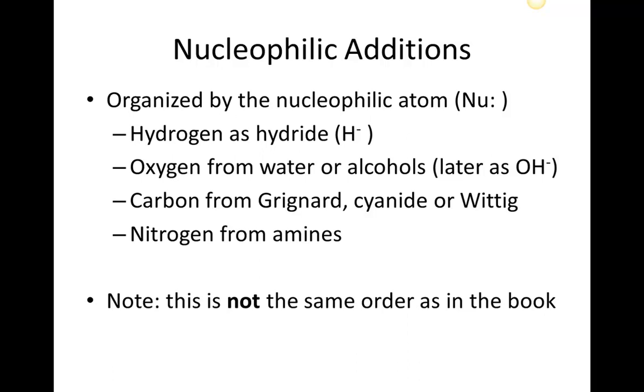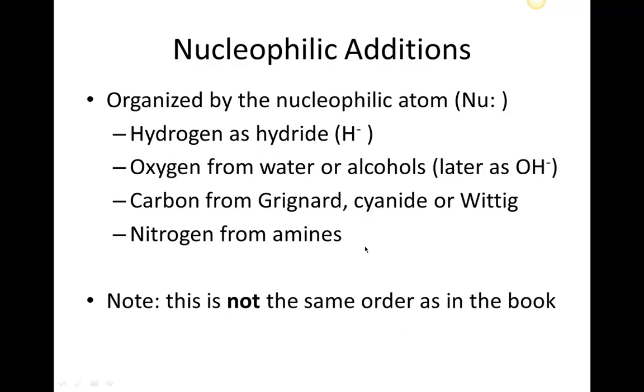The particular atoms we're going to look at, I'm going to go in this order. First, hydrogen nucleophiles, in the form of hydrides. I didn't draw an unshared pair of electrons here, but this negative charge is the hydrogen with a pair of electrons. Then oxygen nucleophiles, the kinds of things you could have are water or alcohols, and we'll also talk about hydroxide ion as an oxygen nucleophile.